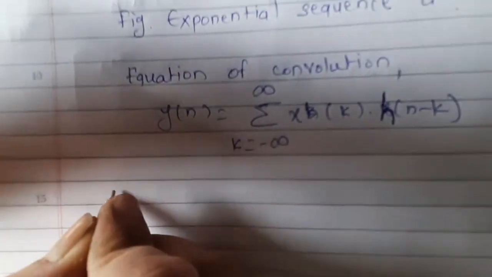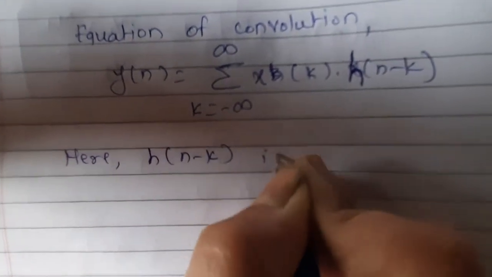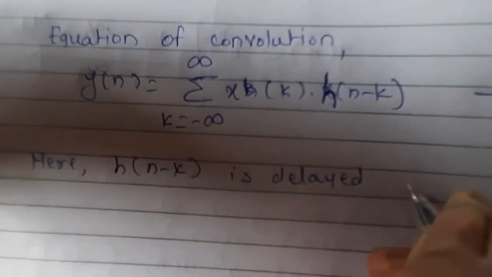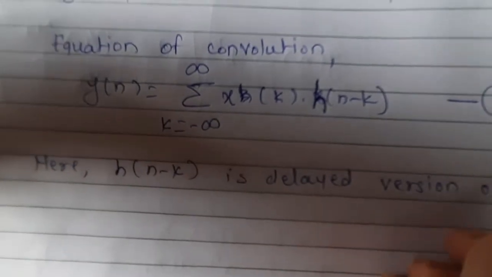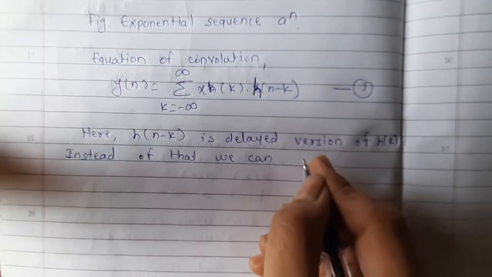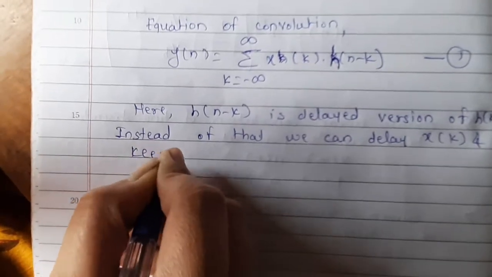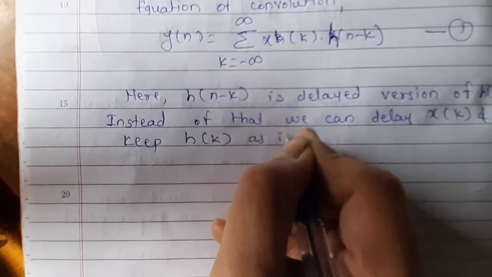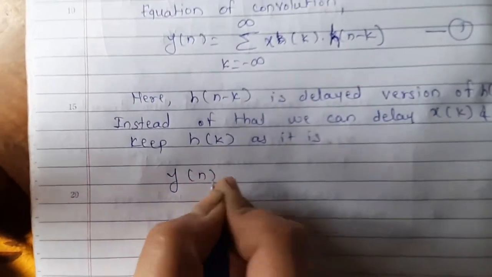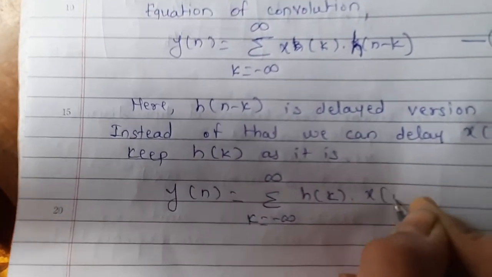So the equation will be y of n is equal to summation k tends from minus infinity to infinity h of k into x of n minus k.